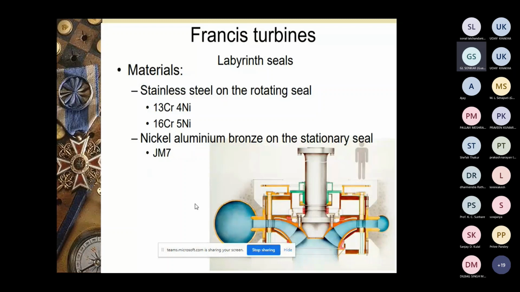Labyrinth seal: stainless steel nickel chromium on the rotating seal, and nickel aluminum bronze on the stationary seal. I told you, one labyrinth is fixed, one is rotating because it is on the surface of the turbine. This is stainless. Then the one in the fixed civil structure is nickel aluminum bronze.